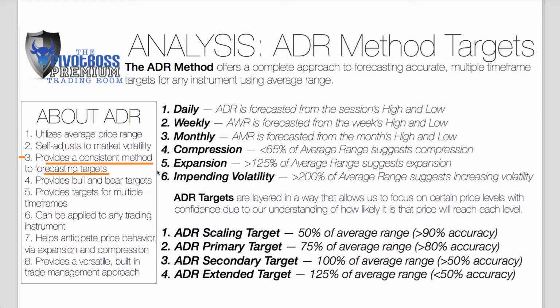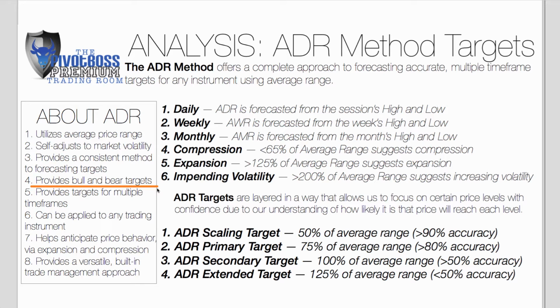Well, this is my method right here, just using average price. Obviously, we also use other targets as well, like value-based targets like VPOC, for example, or VWAP. But this is a way to just forecast targets based simply off of price. And again, that gives you a different calculation to base your targets off of, which actually works really, really well.